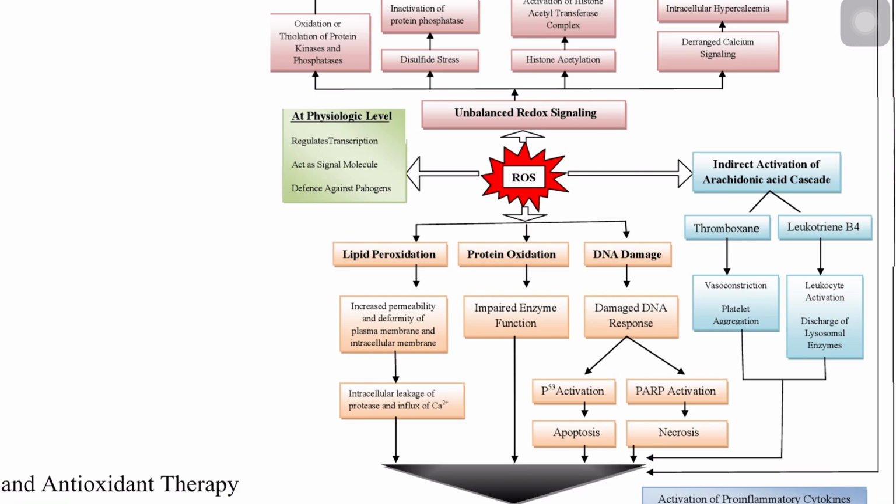As you see here, ROS can indirectly activate the arachidonic acid cascade, and it can be COX and LOX, and it can cause thromboxane activation, vasoconstriction, and platelet aggregation, and can cause coagulation. Also, LOX can affect the production of leukotriene B4, leukocyte activation and discharge of the lysosomal enzyme. It can also affect tissue and cell damage.